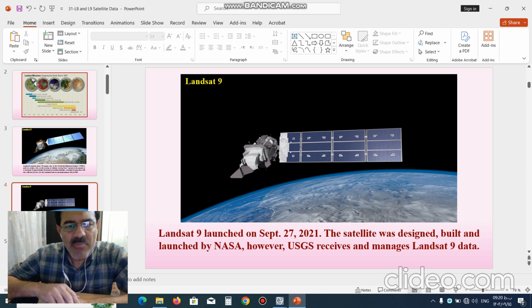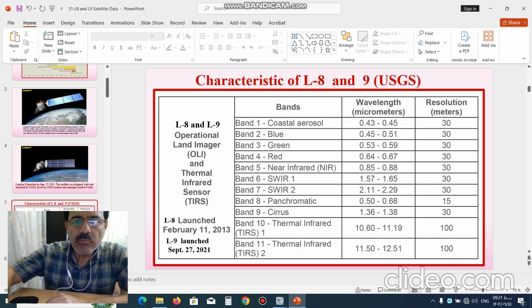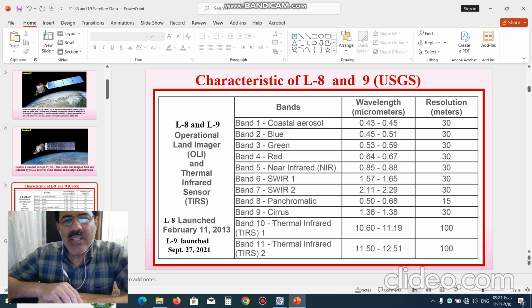For example, Landsat 9 launched on September 27th, 2021. The satellite was designed, built, and launched by NASA. However, USGS receives and manages Landsat 9 data. And this slide is showing the characteristics of Landsat 8 and Landsat 9 from the USGS site.